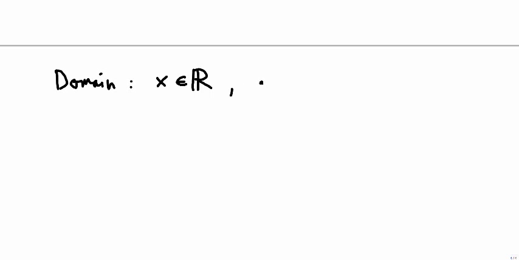Okay, so another way would be all real values of x. So remember, real values: you have positive, negative, you have decimals, you have numbers like pi that cannot be expressed as a fraction, etc. All real values.